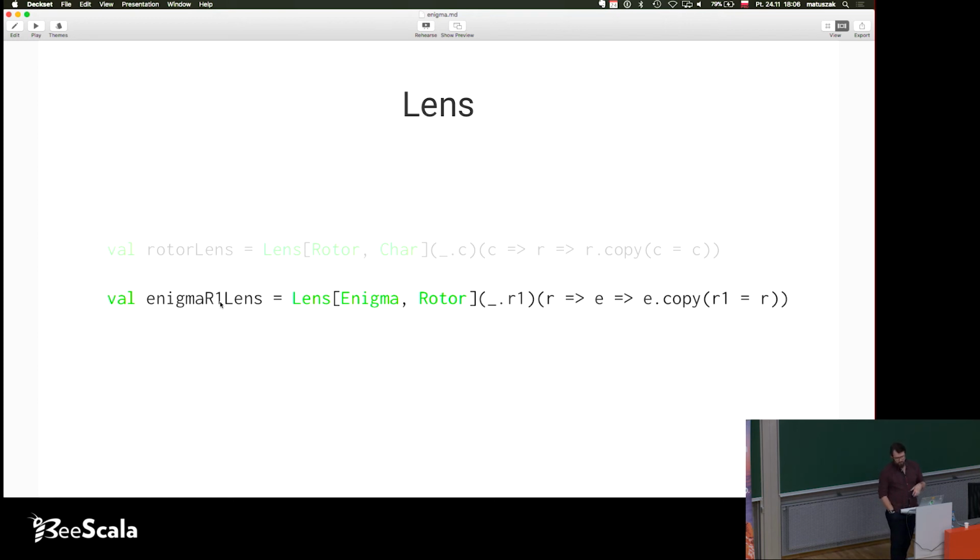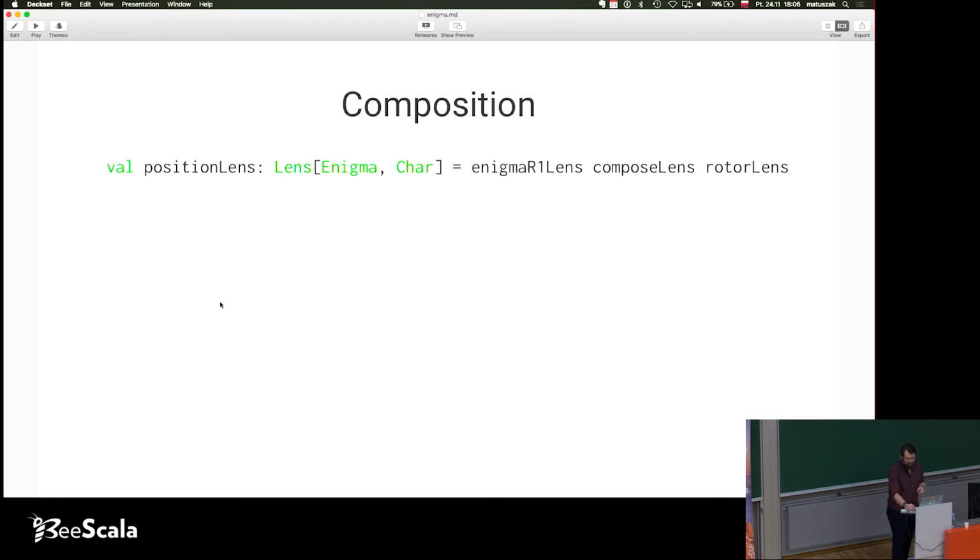If you go to the documentation of Monocle, you will find that there is an easier way. You can generate this using macros, so you don't have to write this, but for educational purposes, it's better to write this by hand. If we have our lens which takes a rotor from the Enigma machine, and another which takes a rotor and focuses on the character, then we compose these two lenses, and we have a lens from the Enigma machine to our character.